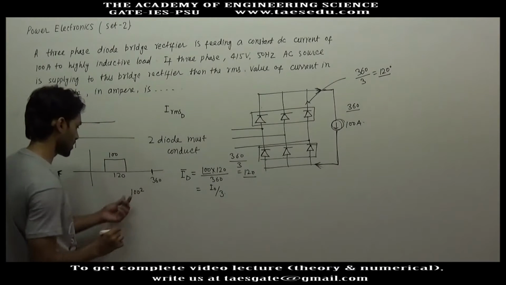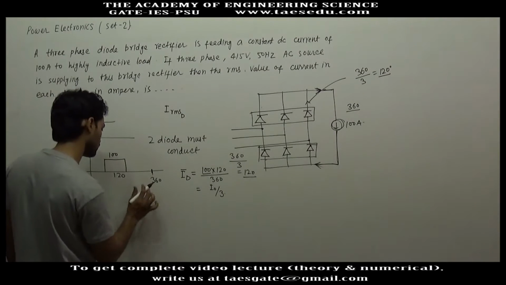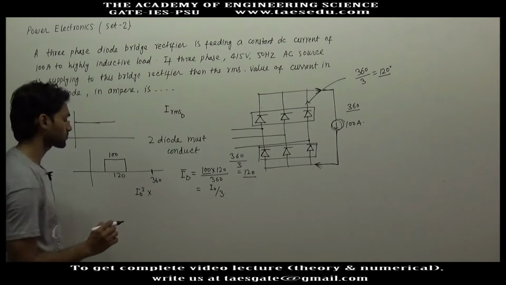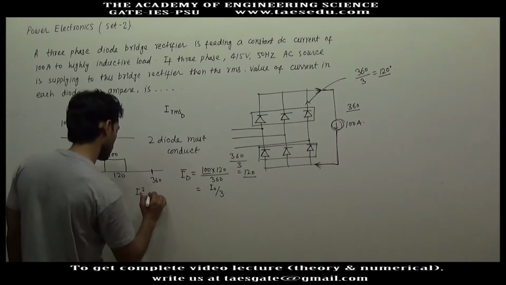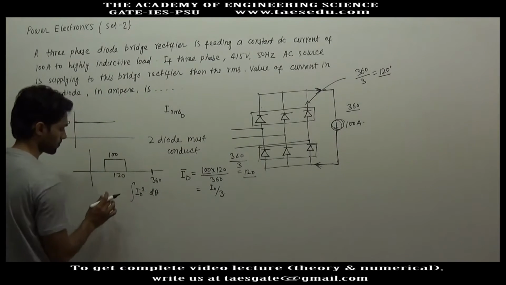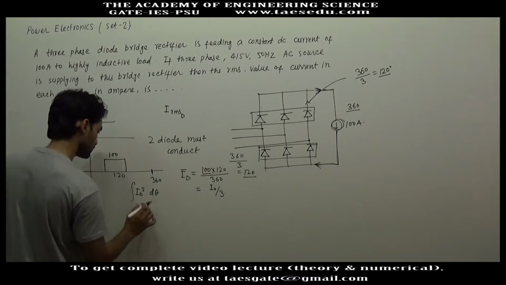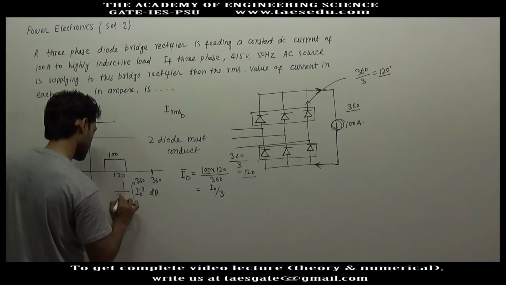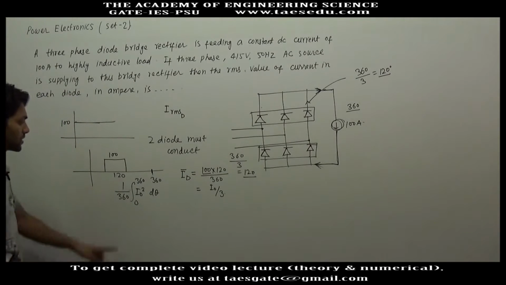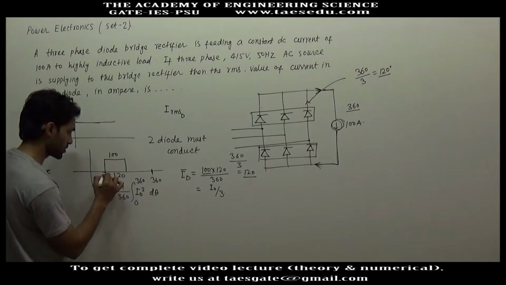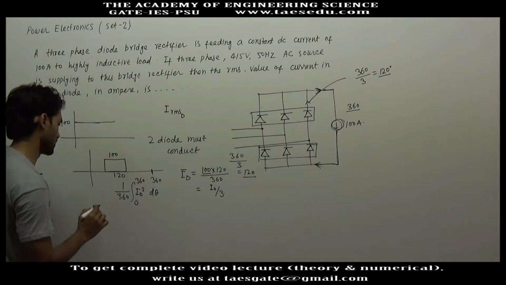first take the square of the value: I naught square d theta from 0 to 360 degrees divided by 360 degrees. But in the span of 0 to 360 degrees, I naught has non-zero value only for 120 degrees.